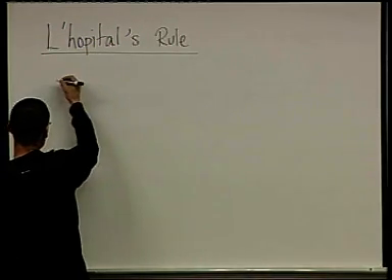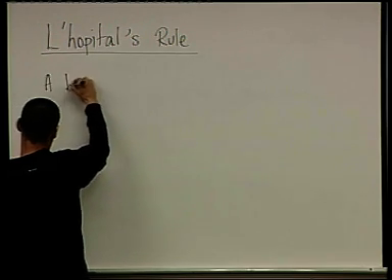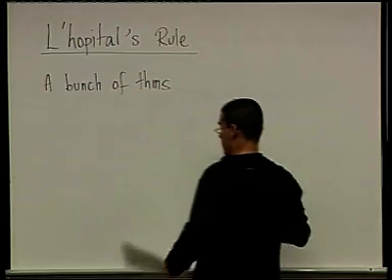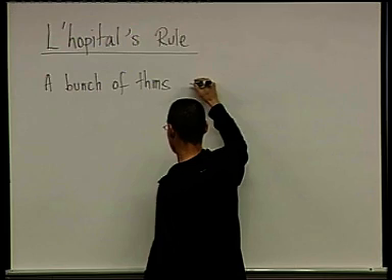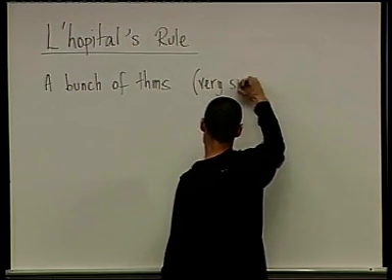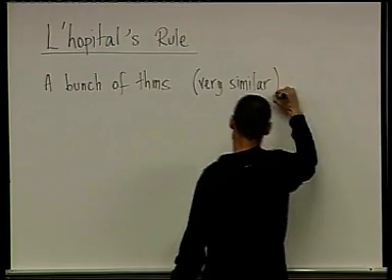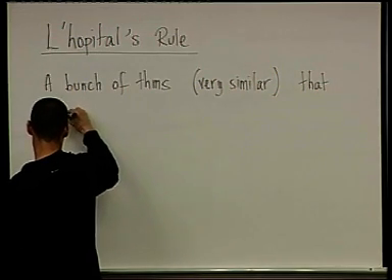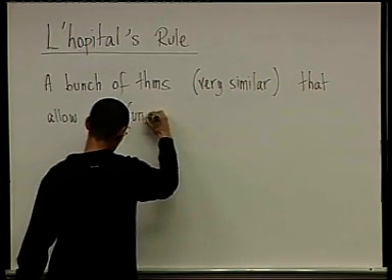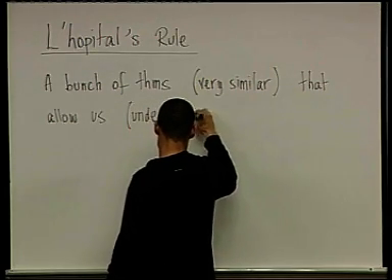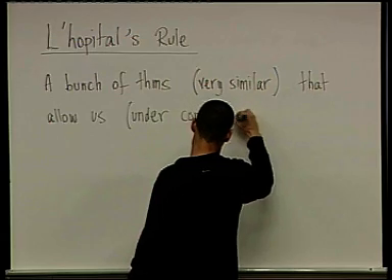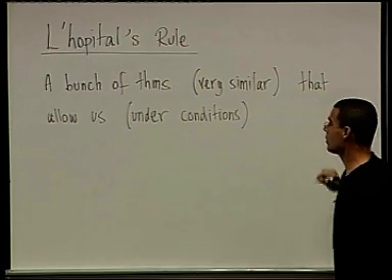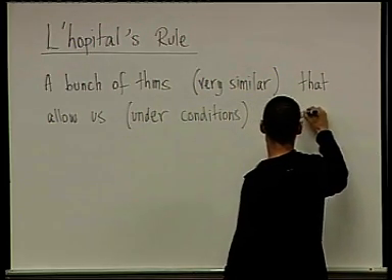L'Hôpital's rule is actually not one theorem but a bunch of theorems, very similar to each other, that allow us, under certain conditions that we always have to verify, right? Whenever we apply a theorem, we have to verify that its conditions hold. But when the conditions hold, these theorems allow us to calculate limits.